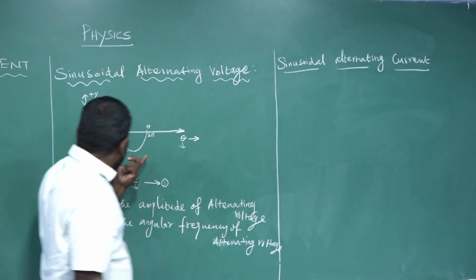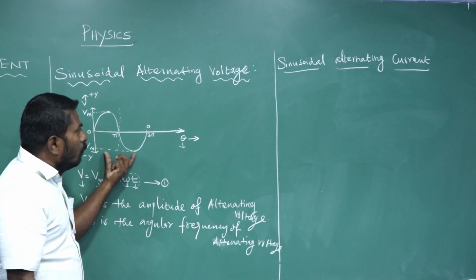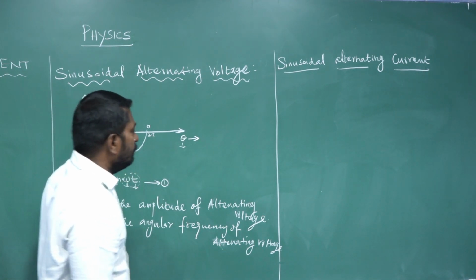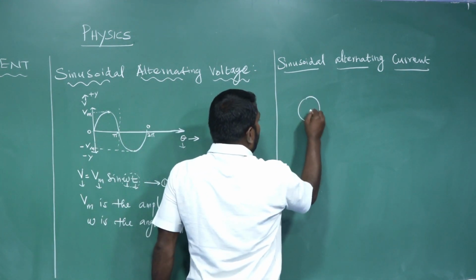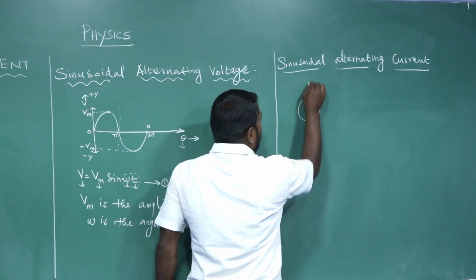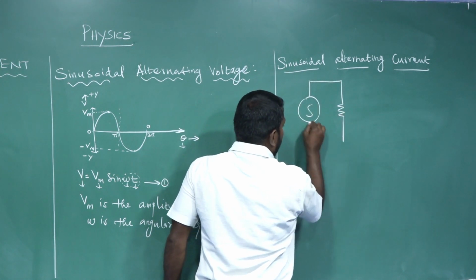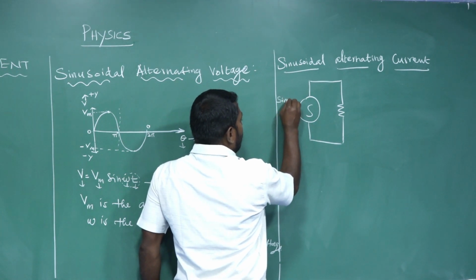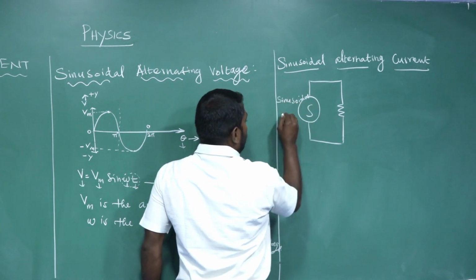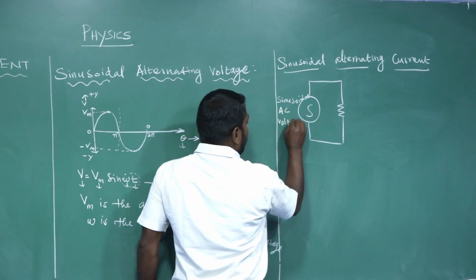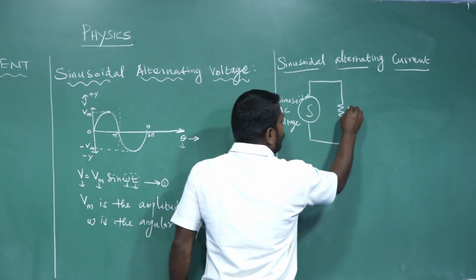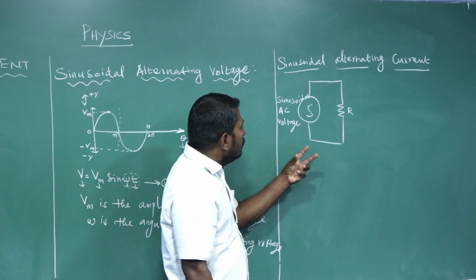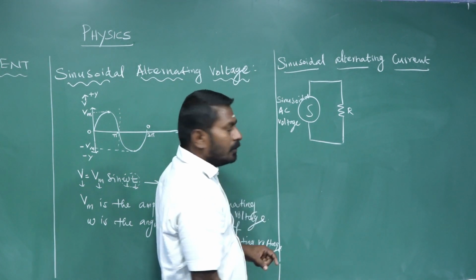See, this is the sinusoidal alternating voltage. This sinusoidal alternating voltage, the AC voltage, is connected to a closed circuit like a resistor of resistance R. The resulting current that flows is called alternating current.